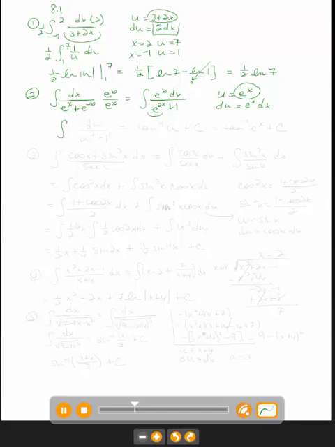So I'm going to have a du on top and a u squared plus 1 on the bottom, which is an arctan of u plus c. Oh, but I have to put back the x. So arctan of e to the x plus c. That's number 2. Number 3.